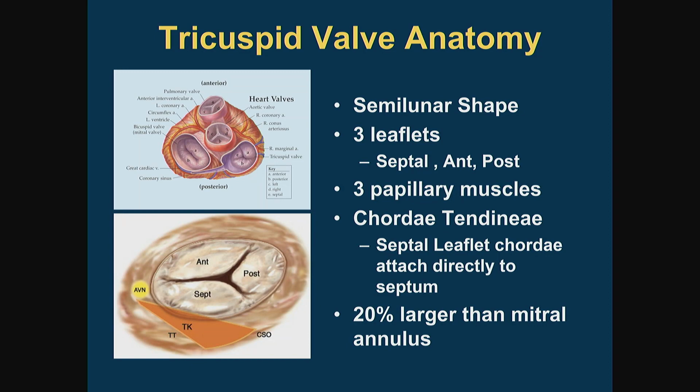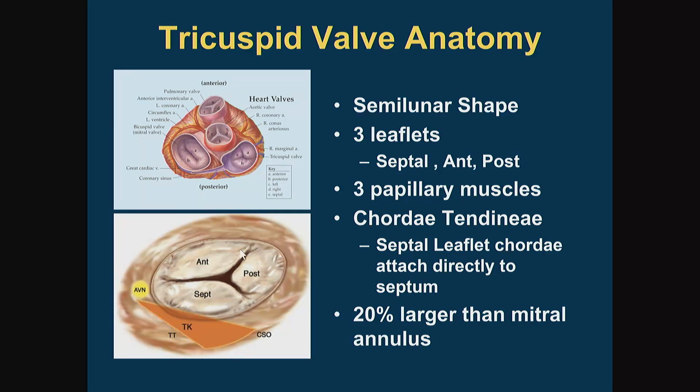The attachments of the septal leaflet via the chordae are to the septal papillary muscle, and this means that the septal leaflet is tethered in some sense to the septum. In the context of right ventricular enlargement, this is the anatomic reason that functional tricuspid valve regurgitation develops.